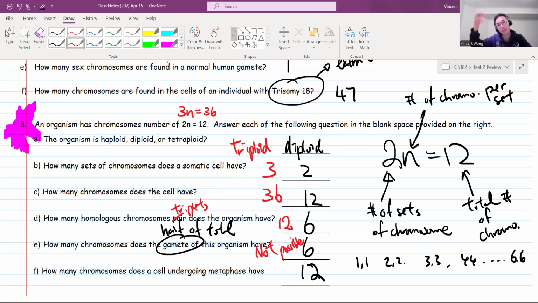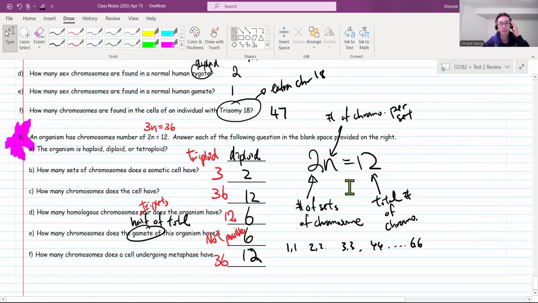Remember, we talked about this in the watermelon case, a seedless watermelon, right? If it's an odd set of chromosomes, they cannot make gametes. How many chromosomes does a cell undergoing metaphase have? 36. Okay, that's all.